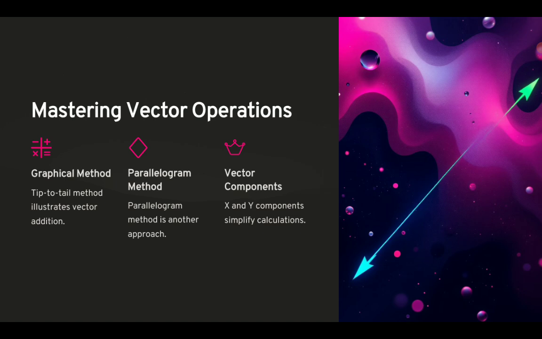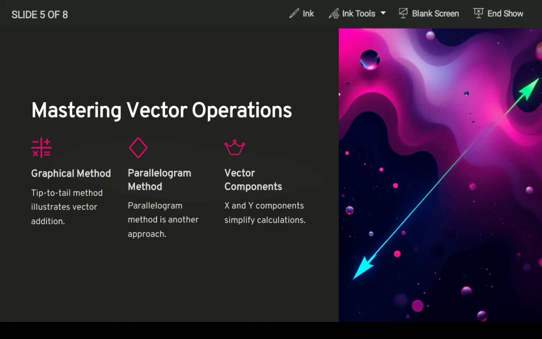Vectors can be added graphically, in which the tip of one vector is joined to the tail of the other vector. We call this the tip to tail method. What does this mean?